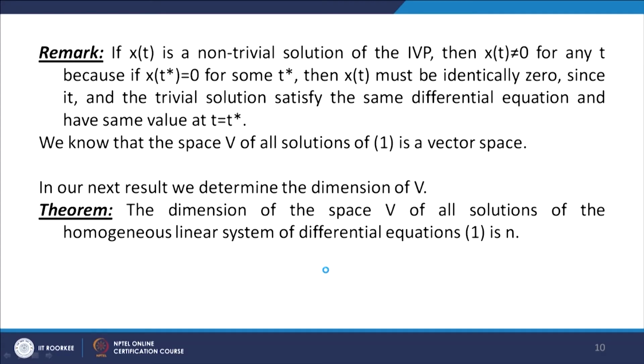This theorem tells us that the dimension of the space B of all solutions of the homogeneous linear system of differential equations (1) is n. So if we can find n linearly independent solutions of the homogeneous linear system x dot equal to Ax, then we can write the general solution. The general solution will be a linear combination of those n linearly independent solutions.